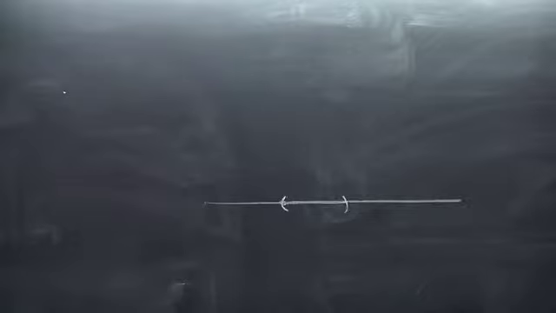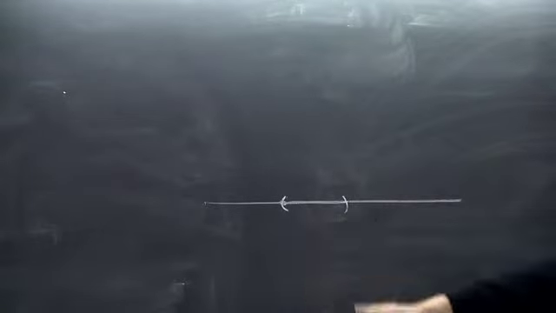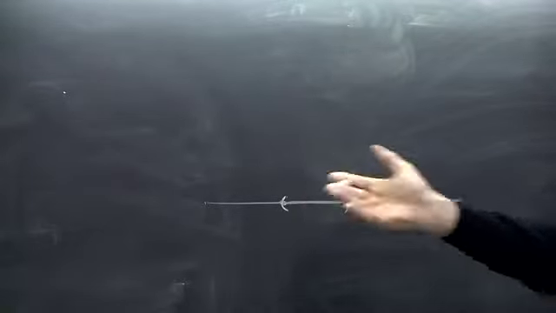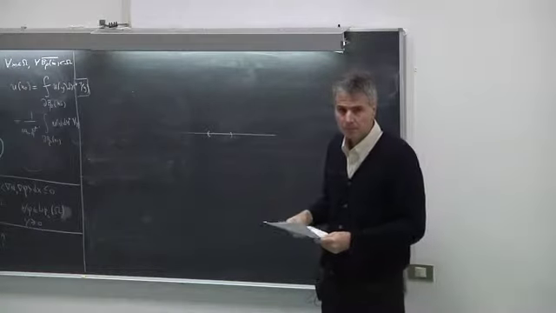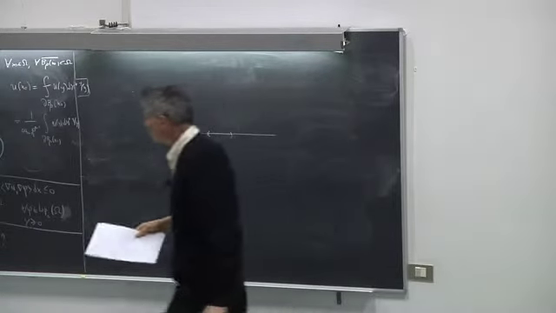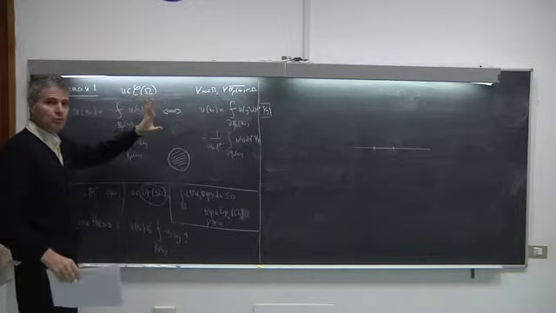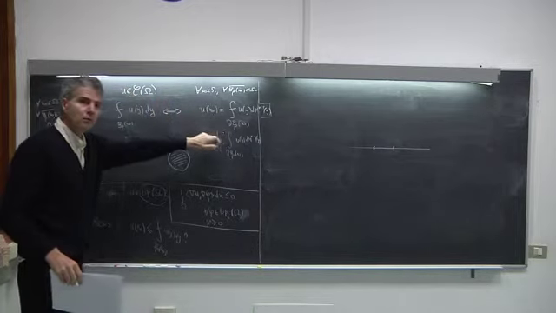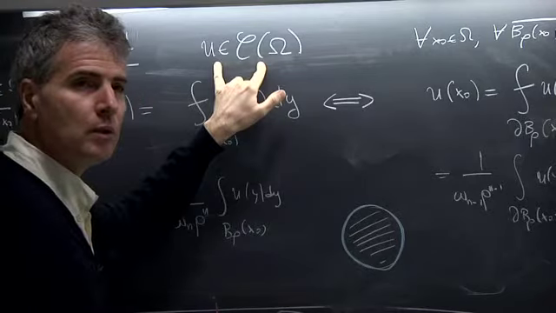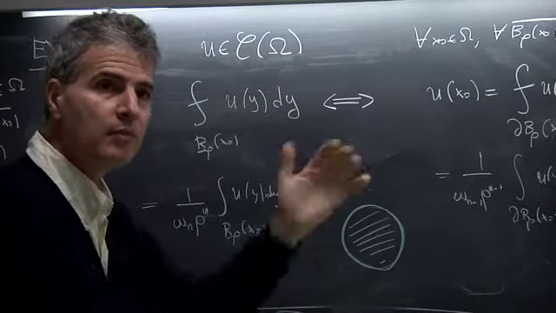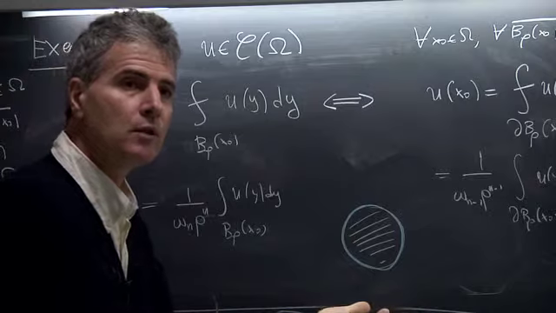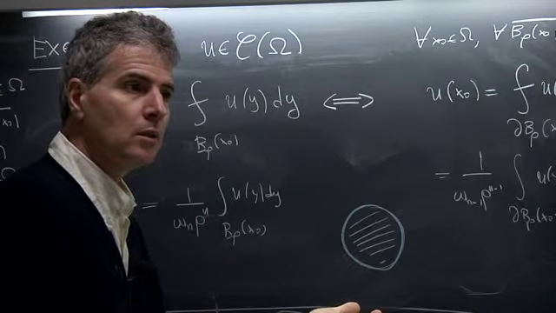You cannot define the values of u on the boundary. You can always change whatever value you want remaining inside the Lebesgue class. This is essentially the difference, and so in order not to have problems with this definition, we assume at least continuity. Of course, a continuous function leaves a trace on a hypersurface. Okay?